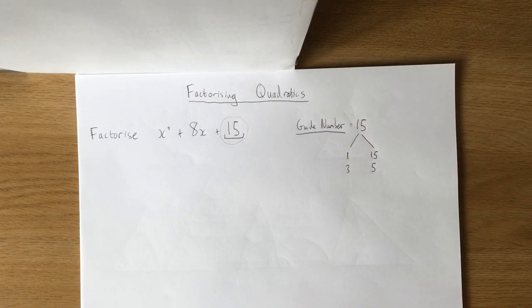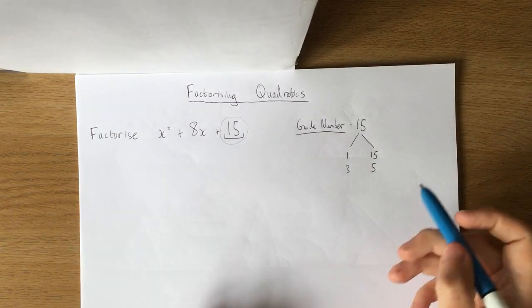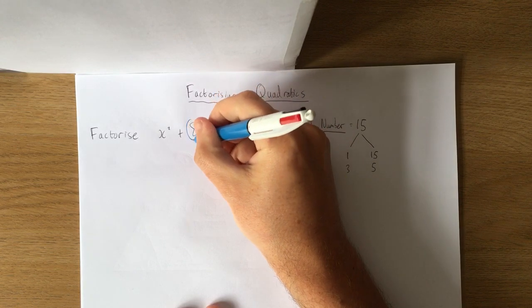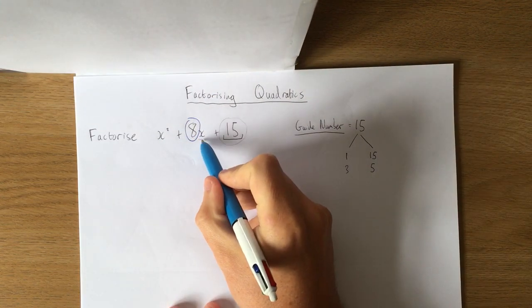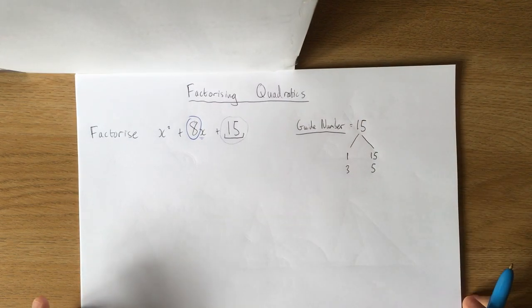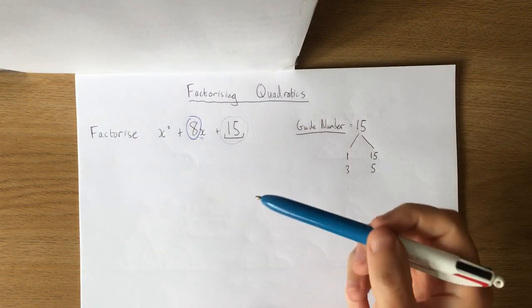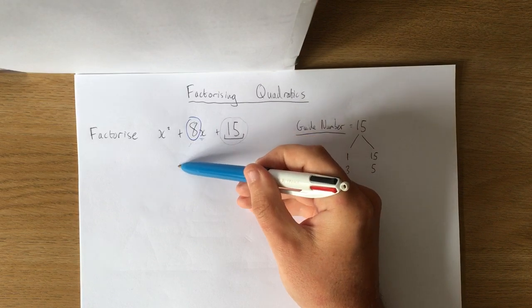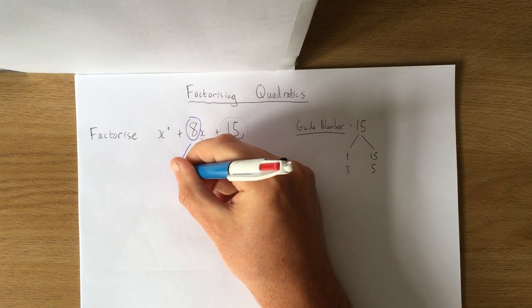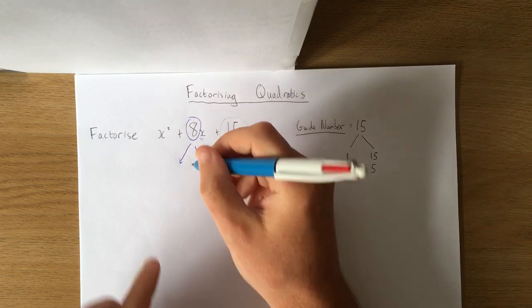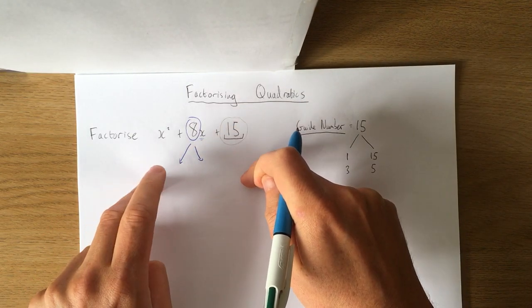What I am looking for is the pair of factors which add up to give me 8, the number in front of just the letter. So I'm going to split that 8x up into something x and something x. That's where I'm going to get my four terms from.